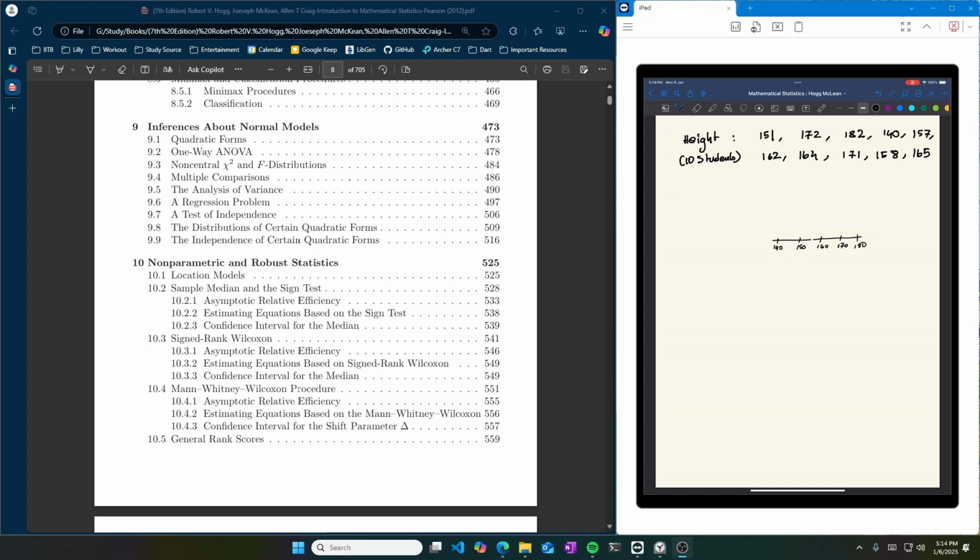Between 140 and 150, we see only 1 point. Between 150 and 160, we see 3 points.